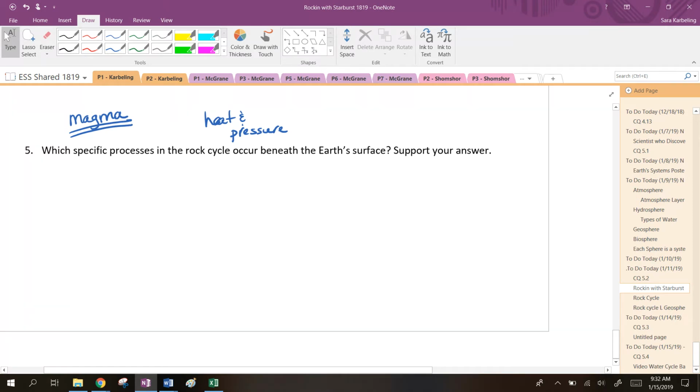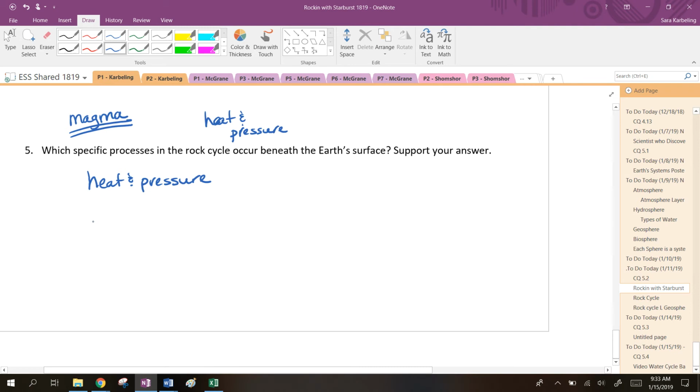Which specific processes in the rock cycle occur beneath the Earth's surface? What do you say? What did you guys say? Heat and pressure. So that creates your metamorphic rock. Are there any others? The cooling of lava, some of it can, right?